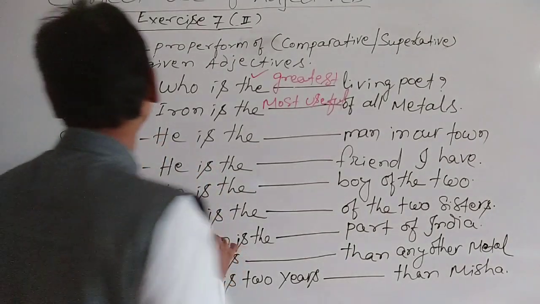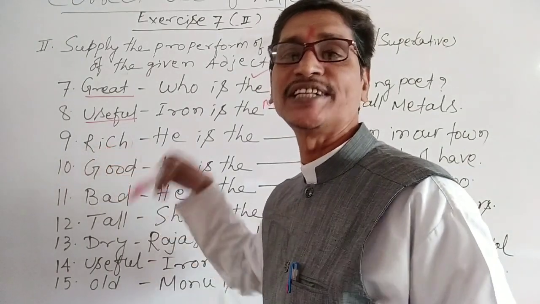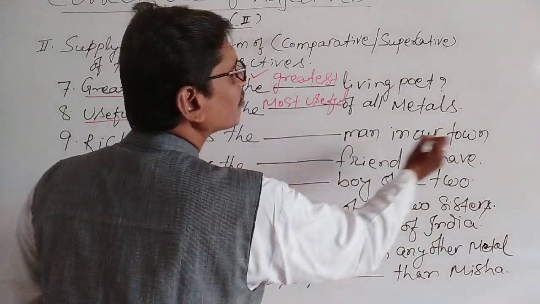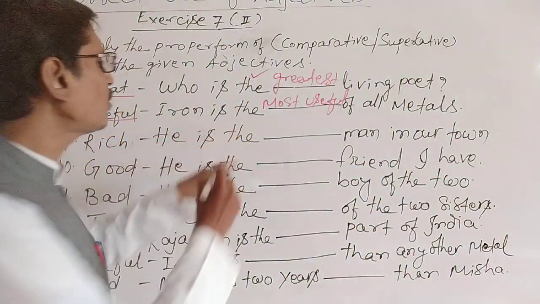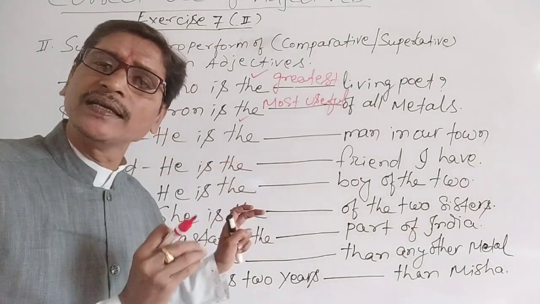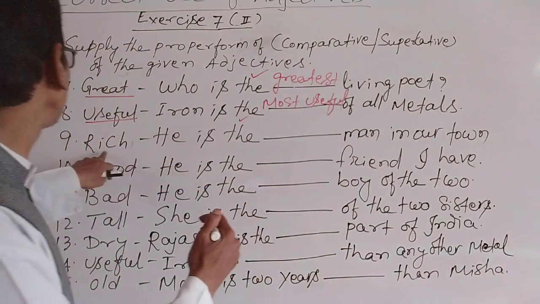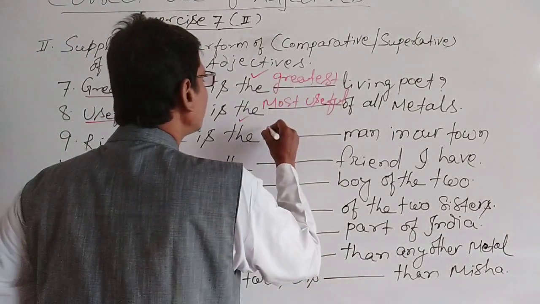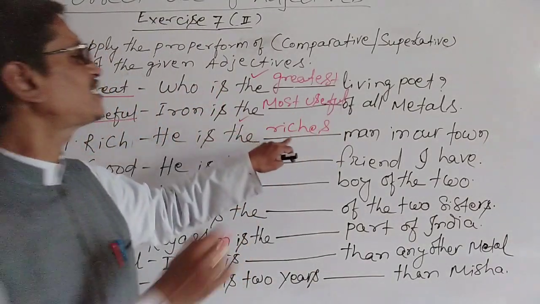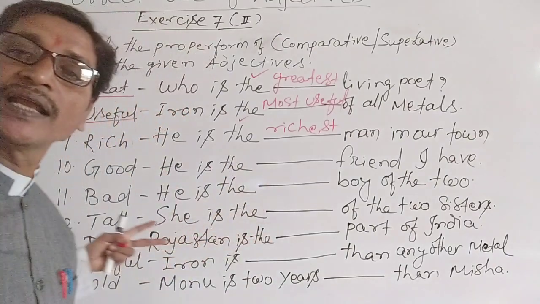Similarly, number 9 is rich, R-I-C-H. He is the dash man in our town. As the article the is also used, we have to use the superlative degree. The superlative of rich is richest. He is the richest man in our town.